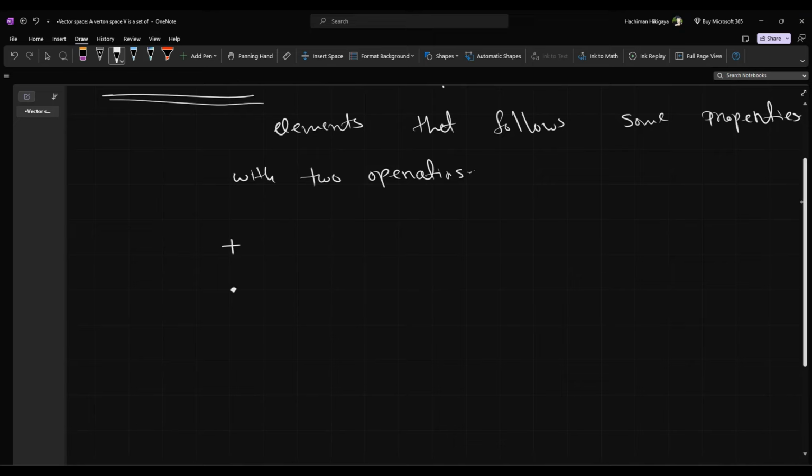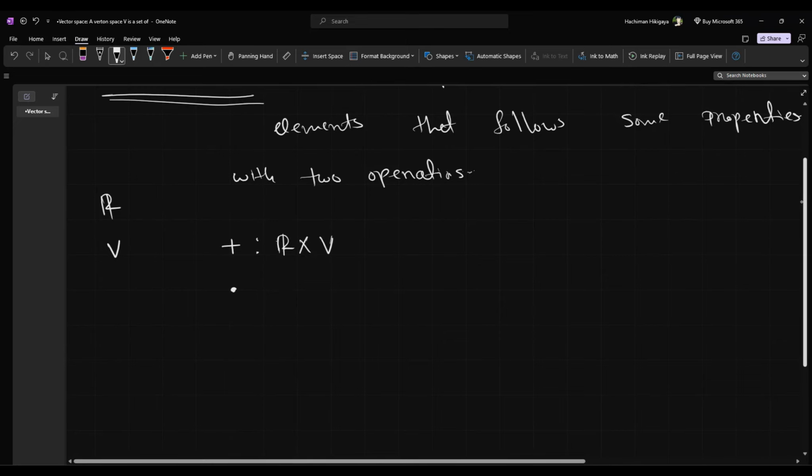The plus is defined as follows: if our vector space is V, then plus is a map that takes a pair x, y, where x and y belong to the vector space, and maps it to an element of that vector space.